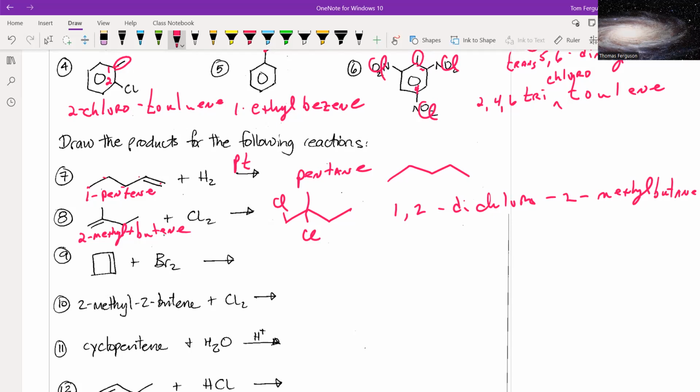And the Br2 is going to add across the double bond the same way. This is going to be a cyclobutane. And you could say 1 cyclobutane or just leave it as cyclobutane.